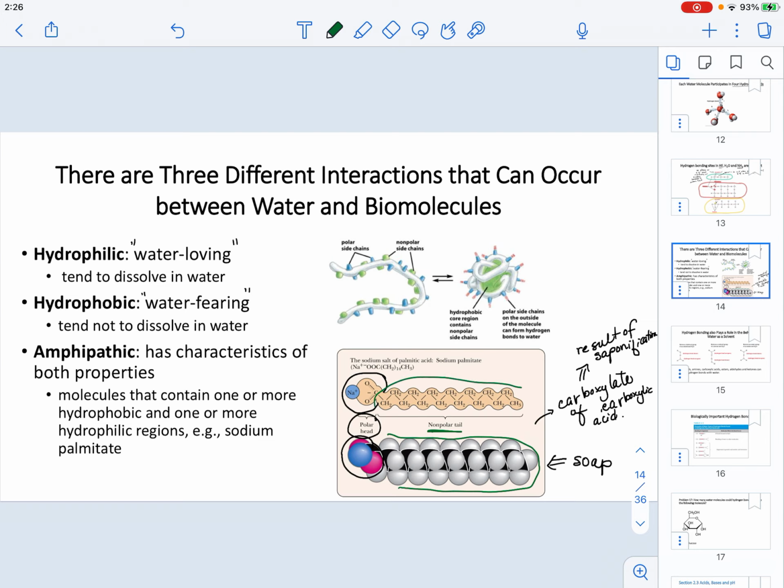I'm just going to highlight them in the molecule. So you can envision that in an amphipathic molecule, when it interacts with water, the polar head is the portion that interacts with water.